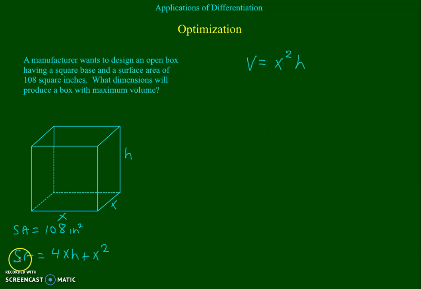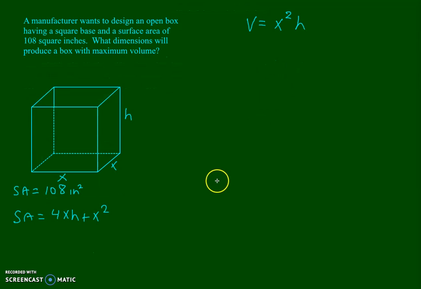I'm going to go ahead and put in our values and solve this for h, so I'll have an expression in terms of x that I can substitute in for this h, and everything will be in terms of x. So let's go ahead and do that. Let's give ourselves a little bit of space. We know that the surface area is 108.